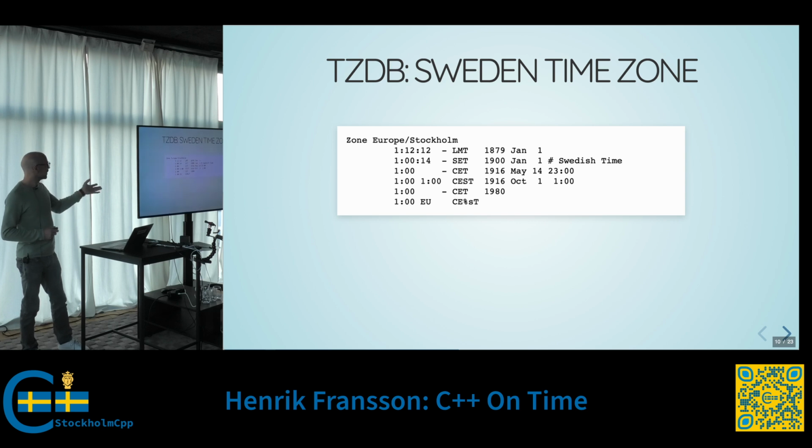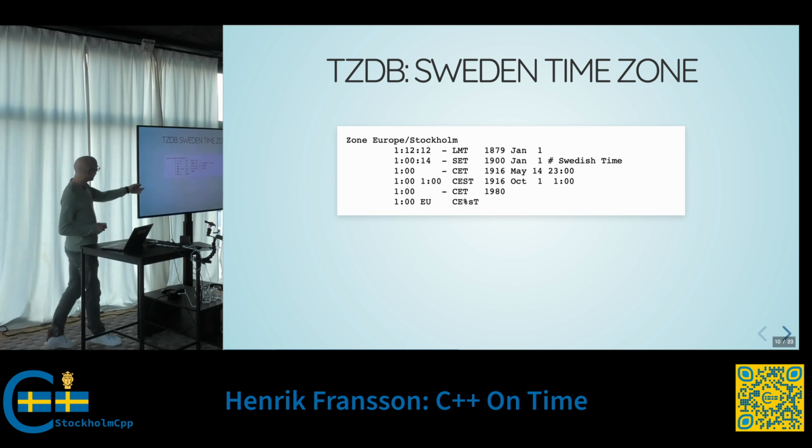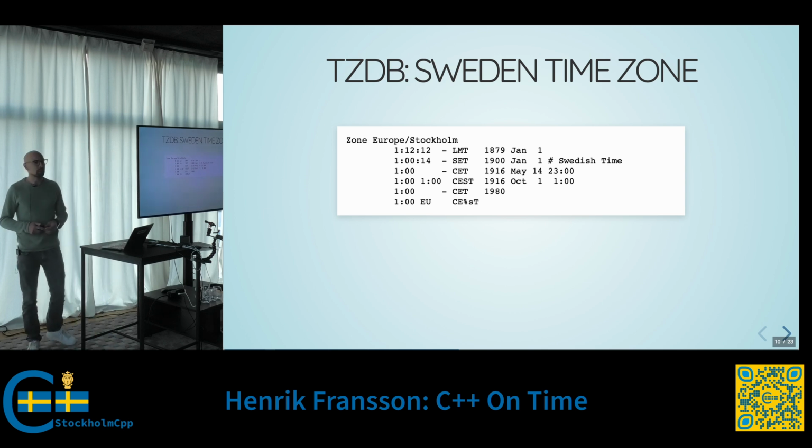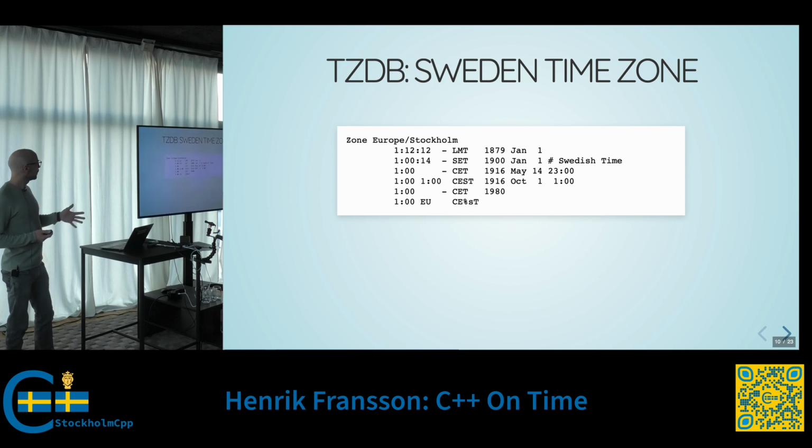And then in 1916, we decided, okay, we're going to be 1 hour offset from Greenwich, which made things simpler. And then in the 1980s, we introduced daylight saving time in Sweden. So not too complicated, but still, if you need to calculate a date or duration back in those times, you actually need to think a little.